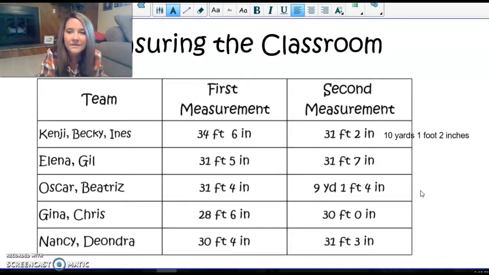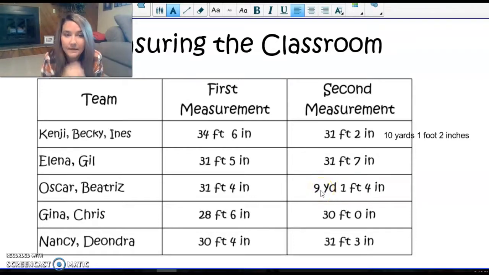I know I already did this when we were discussing Oscar and Beatrice, but how could we put their measurement in feet and inches? Well, again, we have 3 feet in 1 yard.